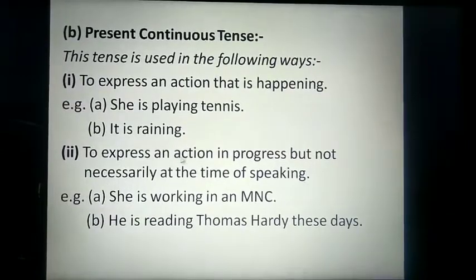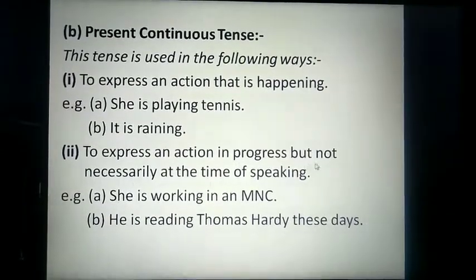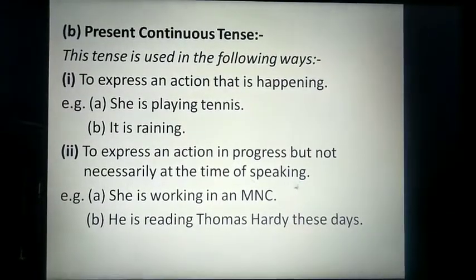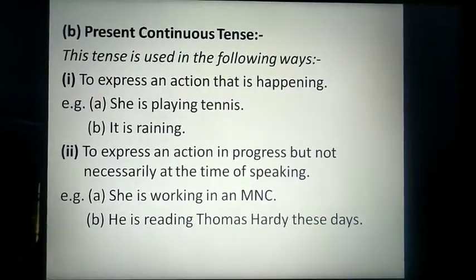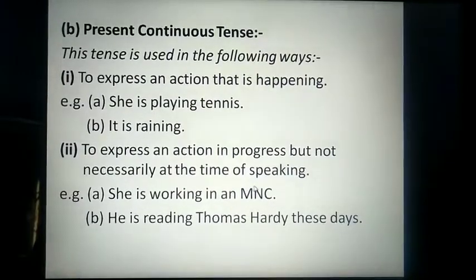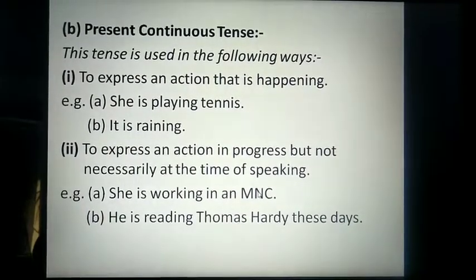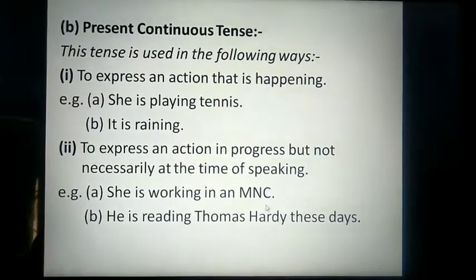Next is to express an action in progress, but not necessarily at the time of speaking. Likewise, I am telling you something right now, but it doesn't mean that the action is in progress at that particular time. She is working in an MNC.